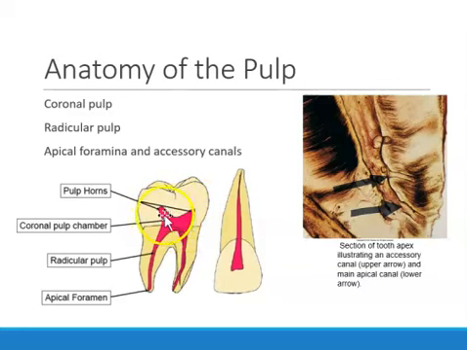Coronal is like the one right here that I'm pointing to. Radicular pulp is the one right here. If you said coronal pulp, you are correct. There's more pulp found in the coronal pulp compared to the radicular pulp, because this is really thin, right? There's not that much pulp inside there, but there's more over here in the coronal pulp.